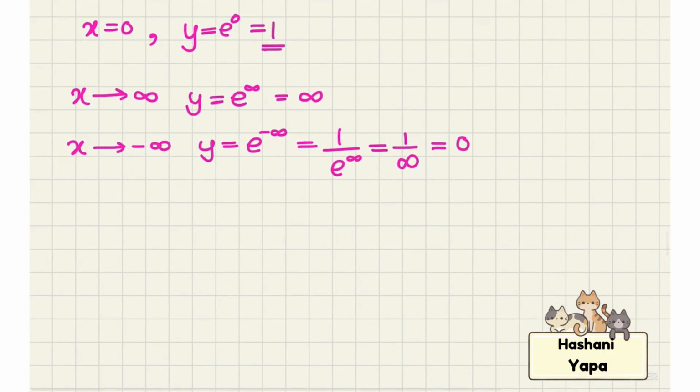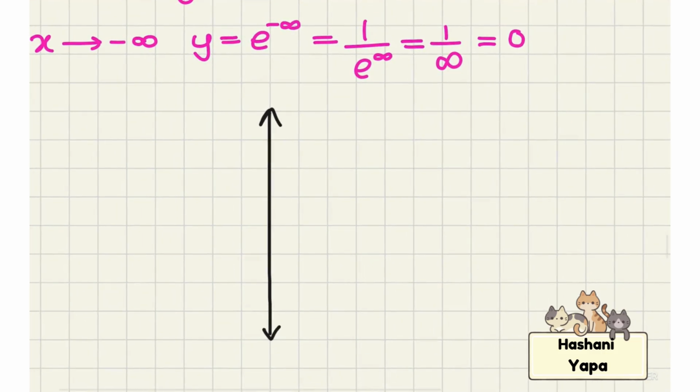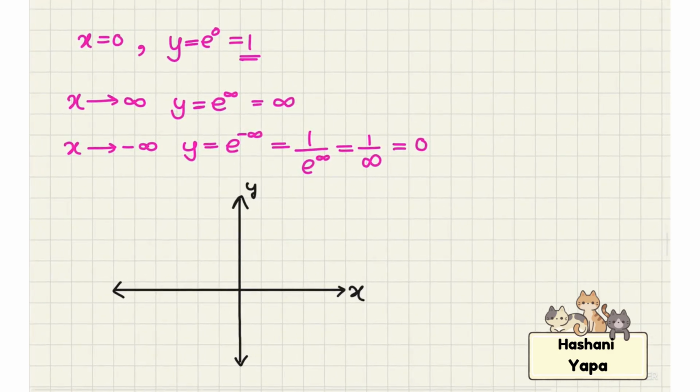So let's plot the graph. Here we have the y-axis, and then we have the x-axis. We know that when x is minus infinity, when x is over here, the y value is almost 0.